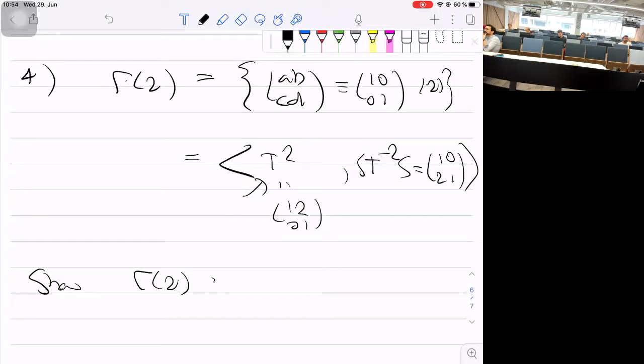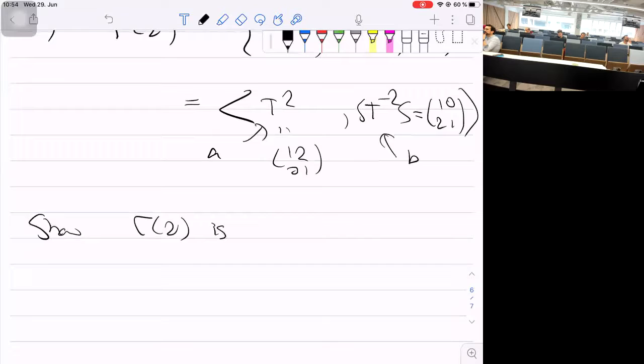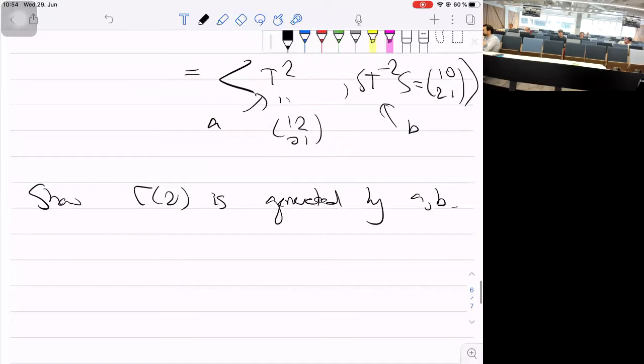First I have to show that gamma 2 is generated by these two matrices A and B. One idea for that is to do something similar to what we did for SL2Z: try to construct more algorithmically a fundamental domain, and show that these two matrices are enough to move every point of the upper half plane into this fundamental domain.